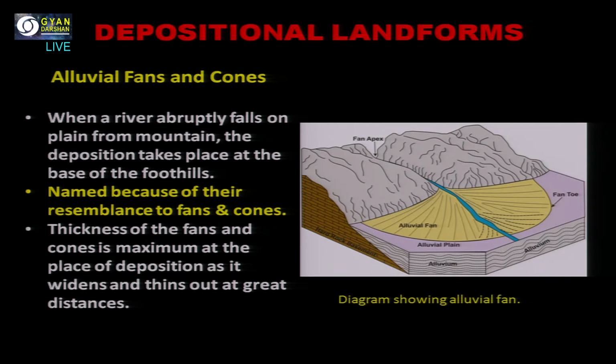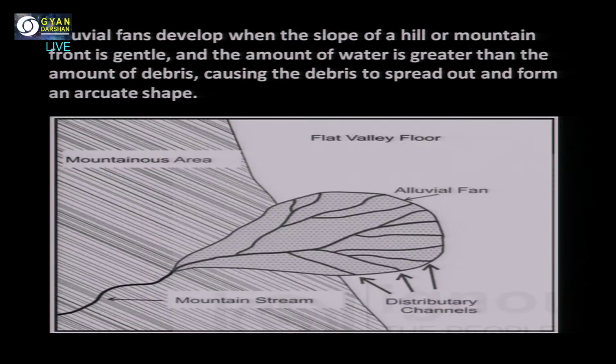And in the next figure you can see these alluvial fans develop when the slope of the mountain front is gentle and the amount of water is greater than the amount of debris, causing the debris to spread out, and this forms an arcuate shape.